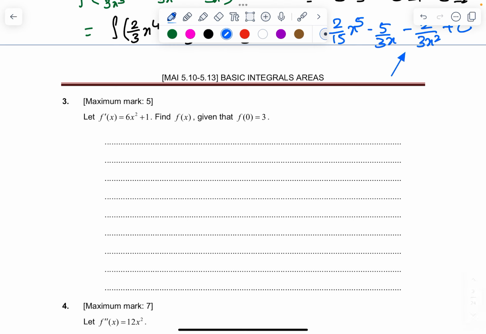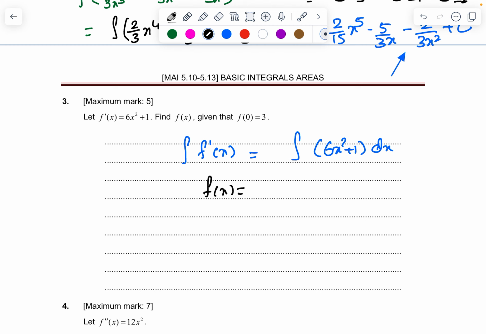Now f prime x is given, and f of x is to be found, given that f of 0 equals 3. So when I do the integral of f prime x, it becomes f of x. 6x squared plus 1 dx. So f of x equals 6x cubed by 3 plus x plus c.